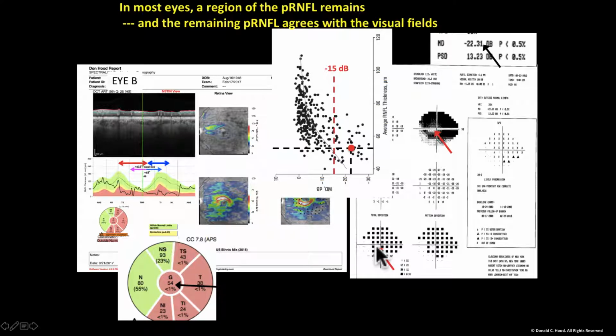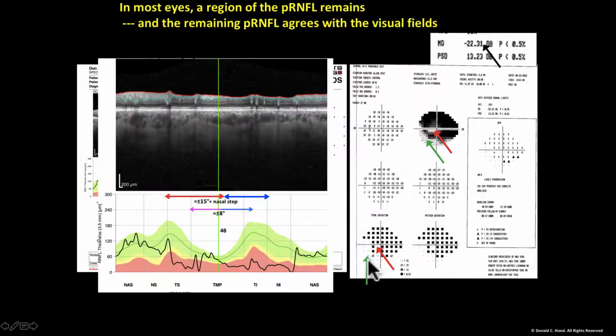There it is there at one point. Also, it looks like some preservation here, and there it is. All right, let's blow up the circle scan image. This region right here corresponds to this region there, and this region over here corresponds to this region over here.